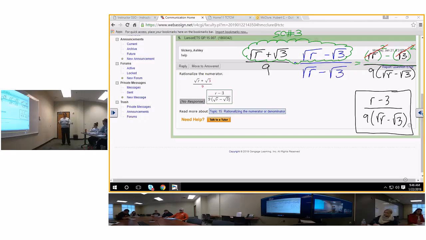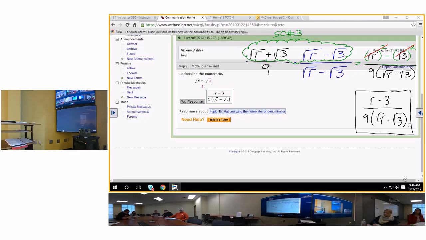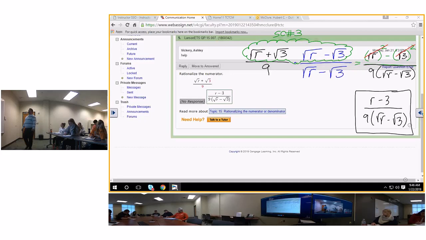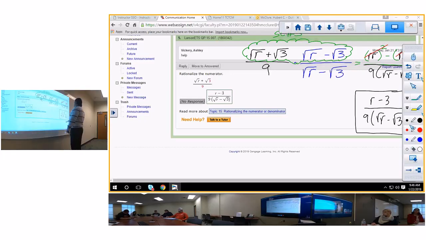Now, turn it around and put it in the denominator, and then you're going to have a test question. So that's the one I'm going to give you on the test, denominator. So we're going to turn it around, and I'm going to put 9 over the square root of r plus the square root of 3.